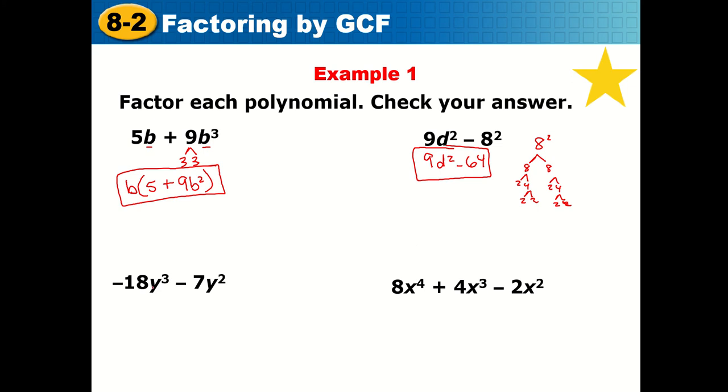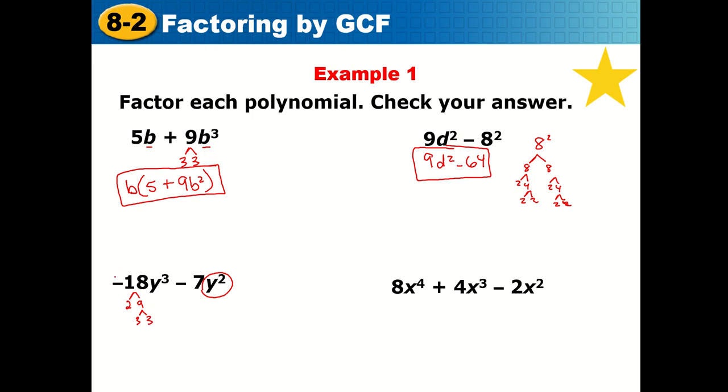This one over here, we have some y cubed and y squared, so going back to what we learned in the last lesson, if we have a variable with the same base, then the one with the lowest exponent is going to be our greatest common factor. 7 is a prime number, 18 can be 2 and 9, and then 3 and 3, but again, there are no common factors.